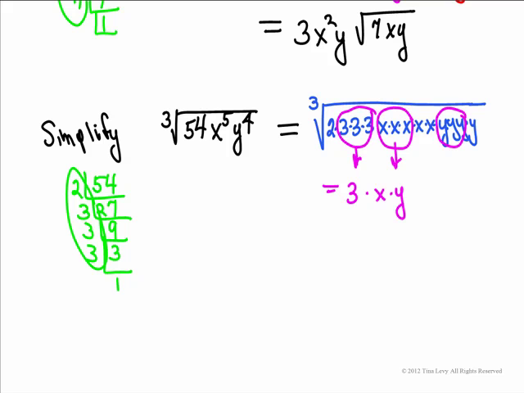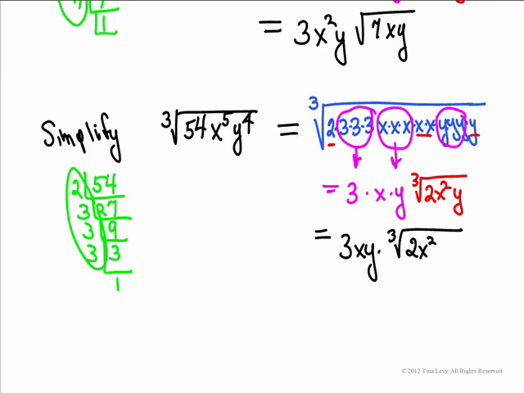But I do have terms stuck under the radical in jail. So I then have the cube root of what is left under: a 2, x times x is an x squared, and a y. So simplified, this becomes 3xy times the cube root of 2x squared y. It's important that you put the cube root there so we knew that it came from taking triples because it's a different strength.